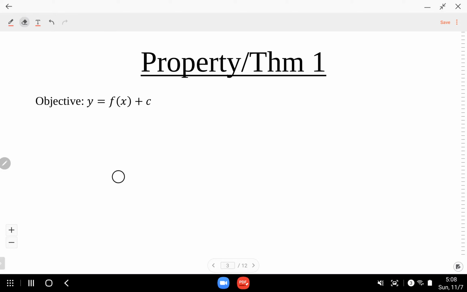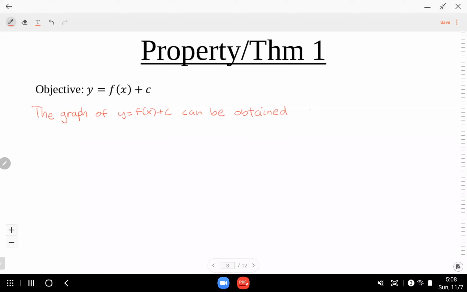All right, so the graph of y equals f of x plus c can be obtained by shifting the graph vertically.